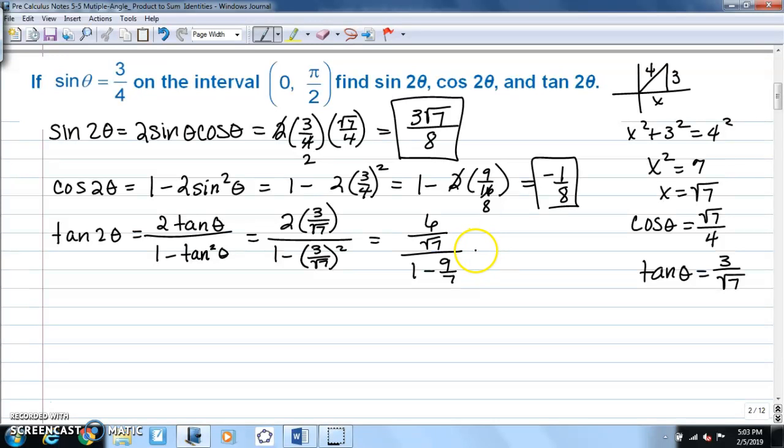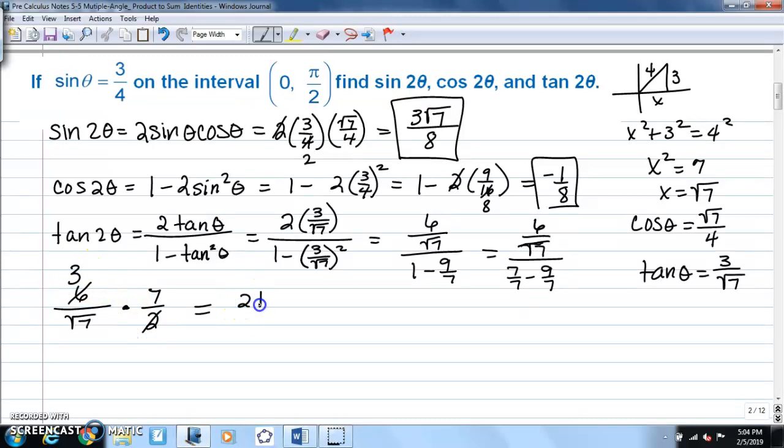Okay, well, so I have 6 over the square root of 7. I guess I'll write that here. This is 7 over 7 minus 9 over 7. That's negative 2/7. Okay, so instead of dividing by negative 2/7, I can multiply by its reciprocal, negative 7/2. Okay, so again, this is multiplication, so I can simplify here.